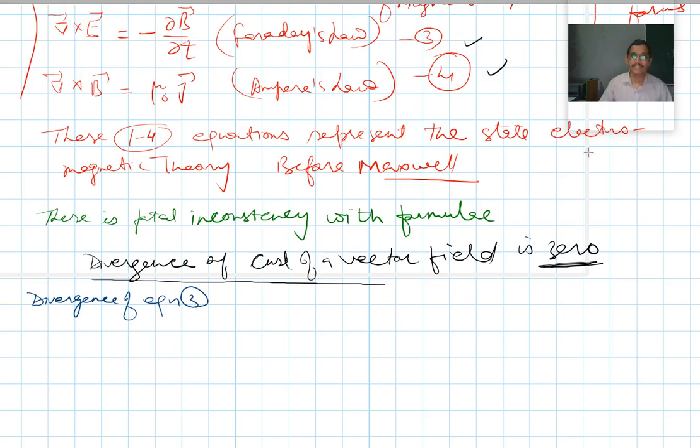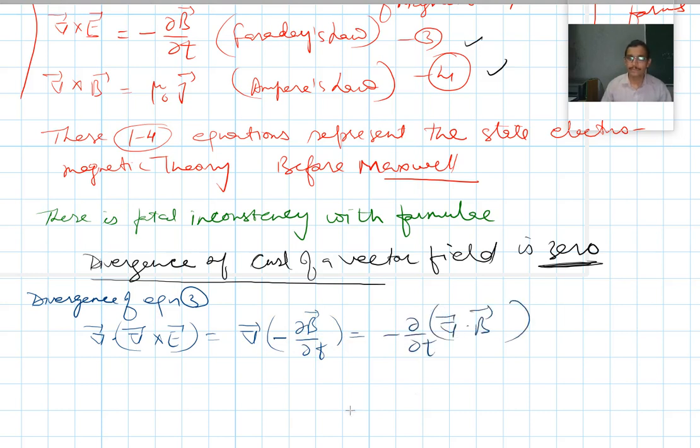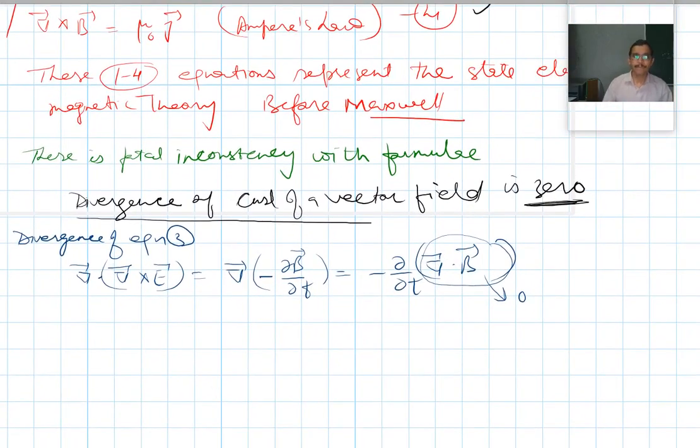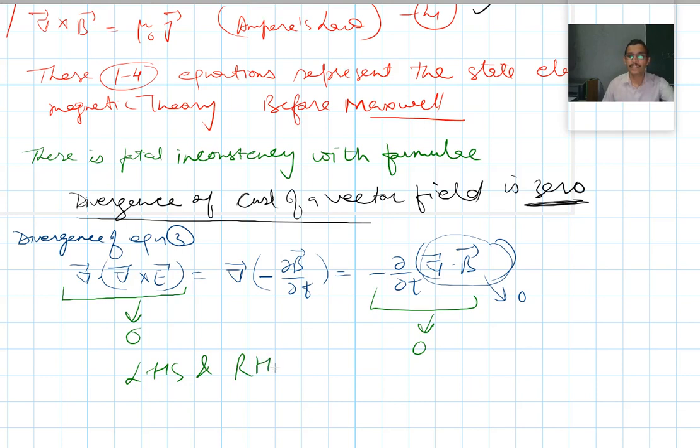Del dot del cross E is equal to del dot of minus del B over del t, which can be written as minus del over del t of del dot B. Since by equation number 2 this is again 0, the left hand side and right hand side are both 0.